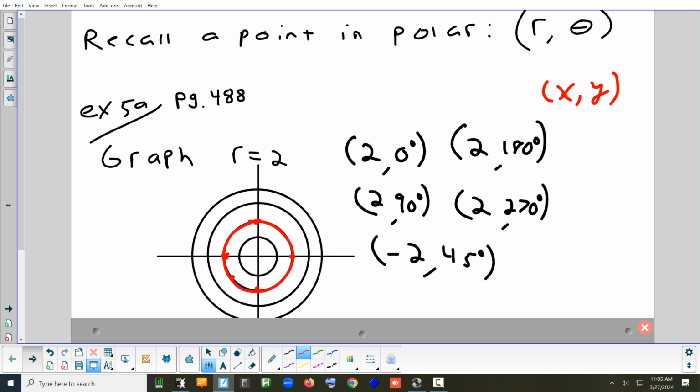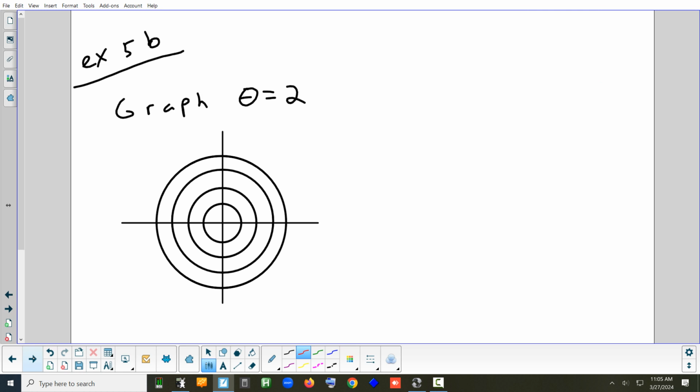What do you think theta equals something will be? Yeah, just a line. It is going to be a line. So let's think of some points that could be on the graph theta equals 2. Anybody think of a point? Yeah, (2, 2). Okay. Remember, that's radians in the second column.